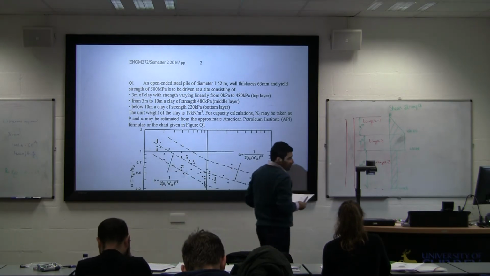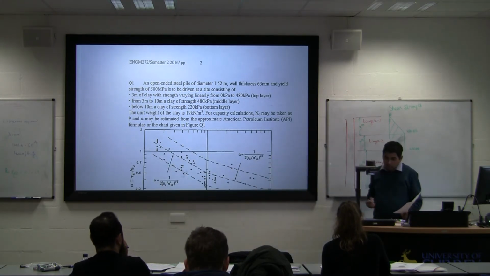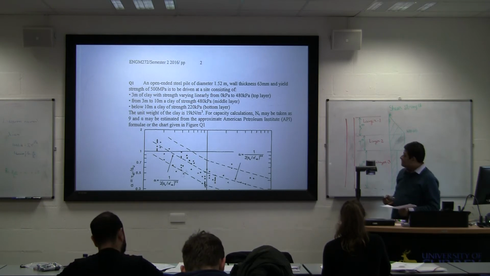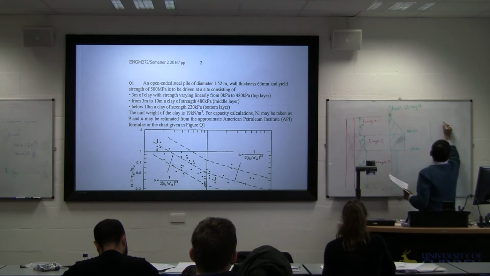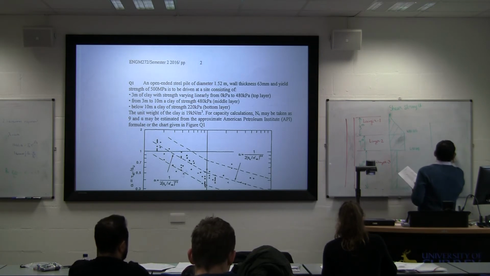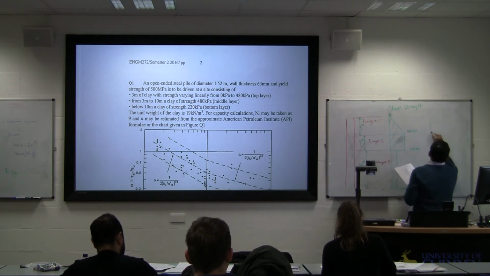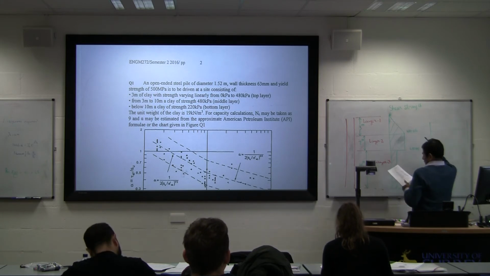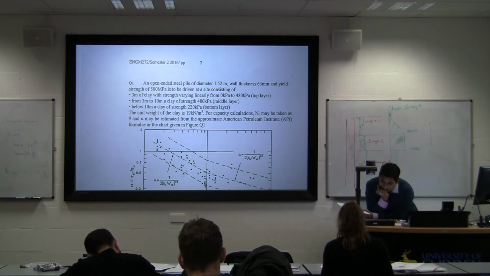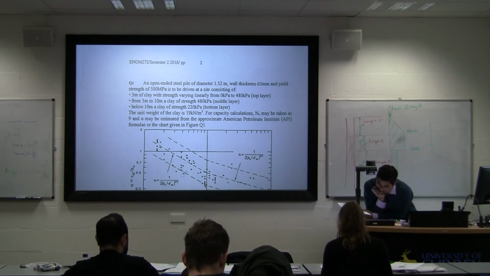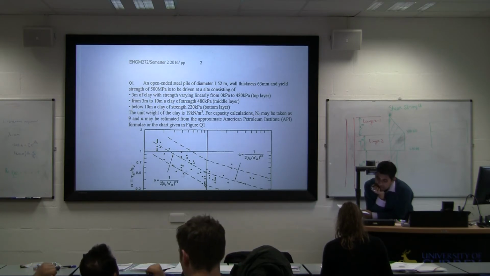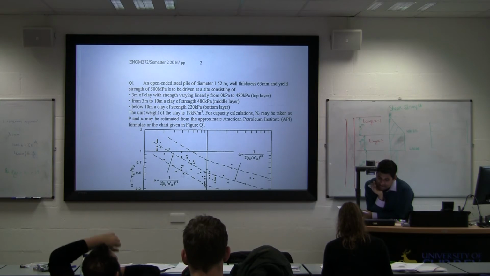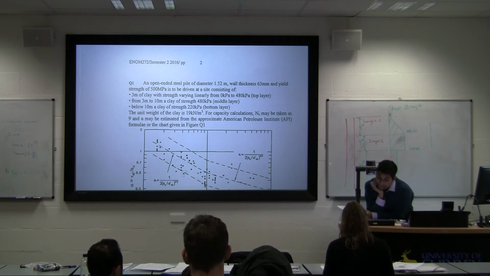And to work out the friction, what you need is an alpha factor. So what you can do, you can make a small table. It says, just to reduce the number of calculations, to use the same value of alpha.